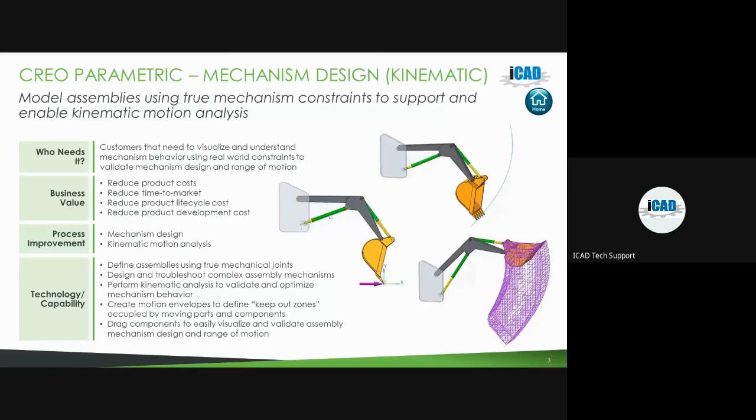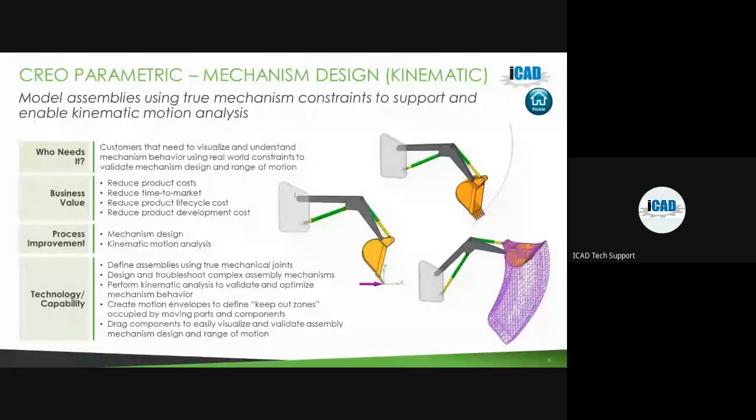First topic is mechanism design. In Creo Parametric, model assemblies use true mechanism constraints to support and enable kinematic motion analysis. Generally, who needs this mechanism design? Customers who need to visualize and understand the mechanism behavior using real world constraints to validate mechanism design and range of motion.